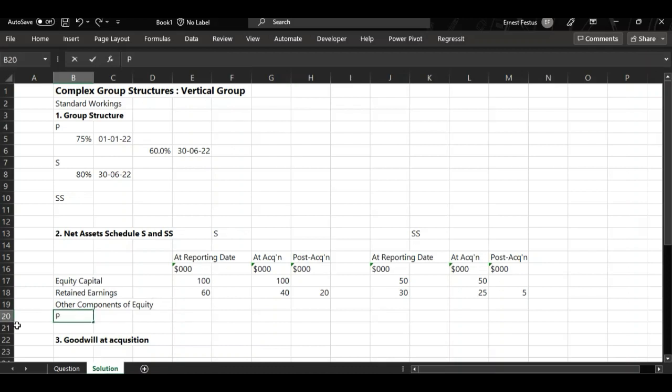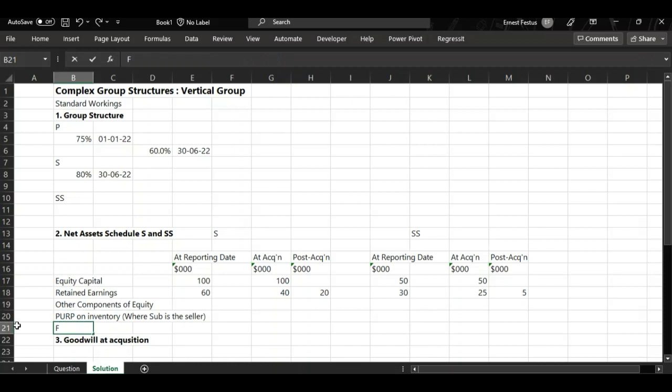We have provisions for unrealized profits on inventory, where the subsidiary is the seller.